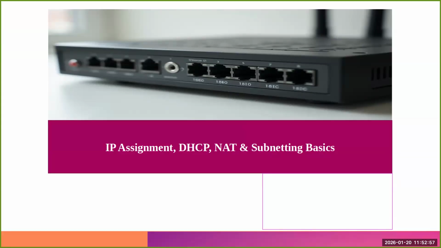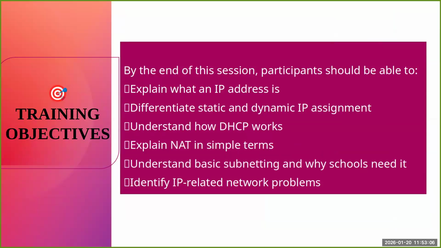So we're looking at this module now, module 2. We're looking at IP assignment, DHCP, NAT, and subnetting. Now, the objective of this training, at the end of this session, participants should be able to explain what an IP address is, differentiate static and dynamic IP assignment, understand how DHCP works, explain what NAT is in simple terms, then understand basic subnetting and why school needs it.